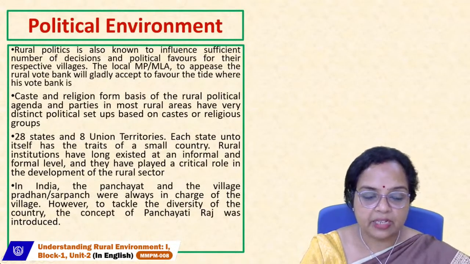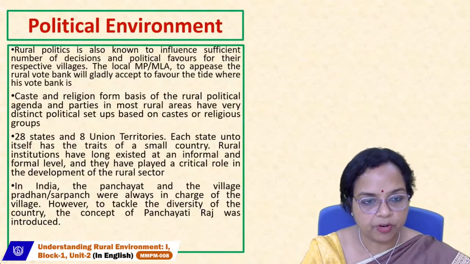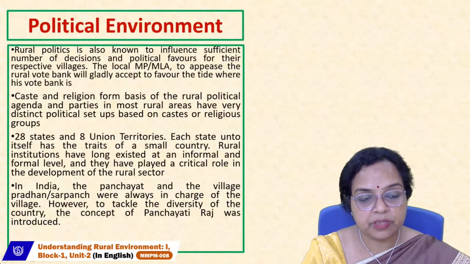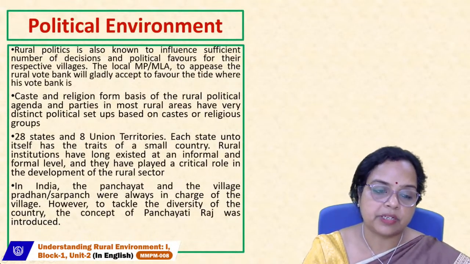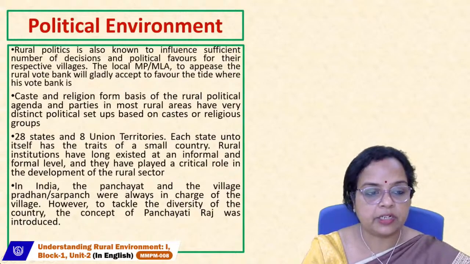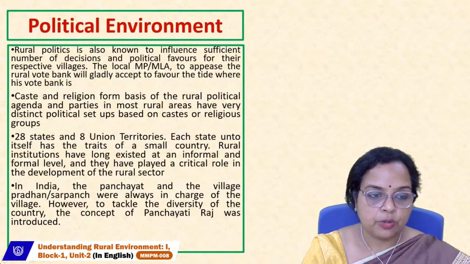Though these are not healthy decision making factors, we cannot avoid or deny that they exist visibly and remarkably in rural markets. In our country, there are 28 states and 8 union territories, and each state unto itself has the traits of a small country.